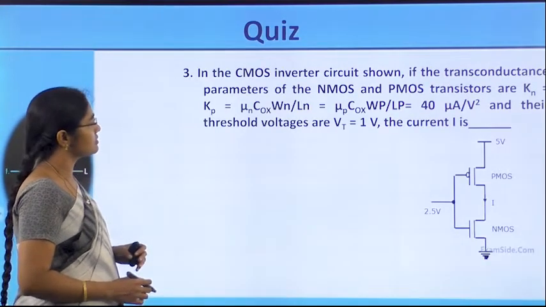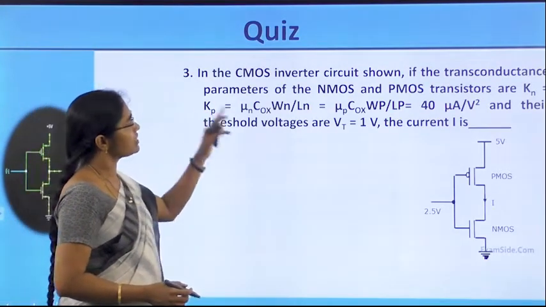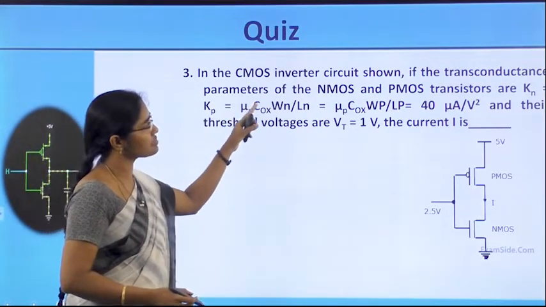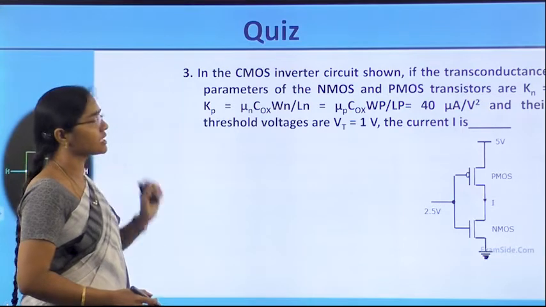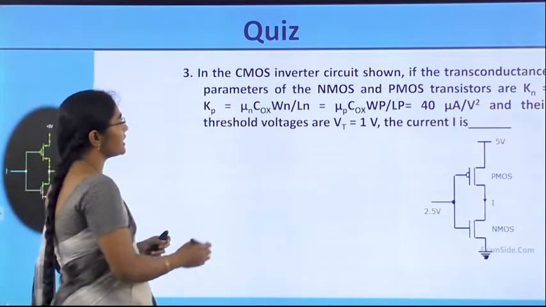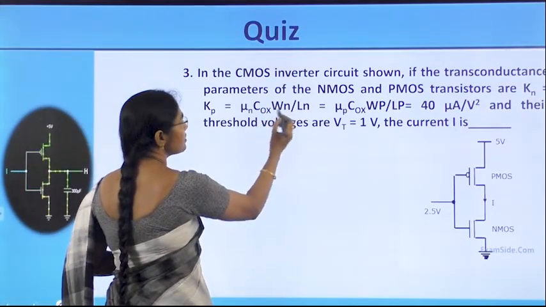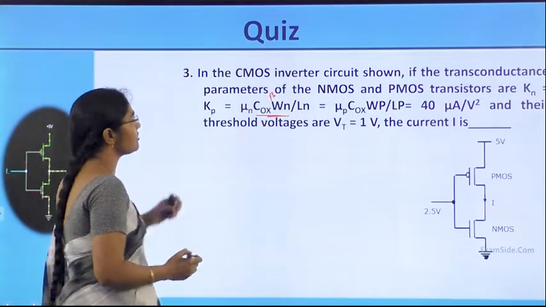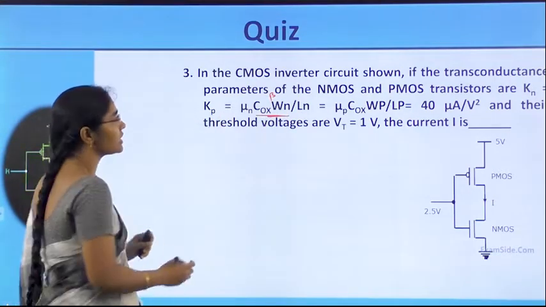Next, it is a problem. In the CMOS inverter circuit shown, the transconductance parameters of the NMOS and PMOS are given. Here mu n Cox into W by L is nothing but beta. Beta is given but the representation is Kn, Kp.